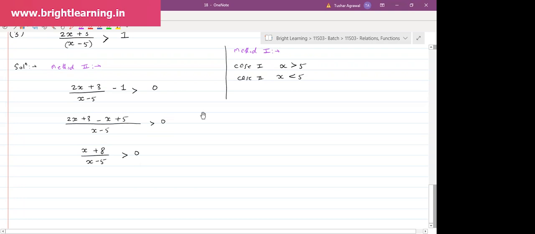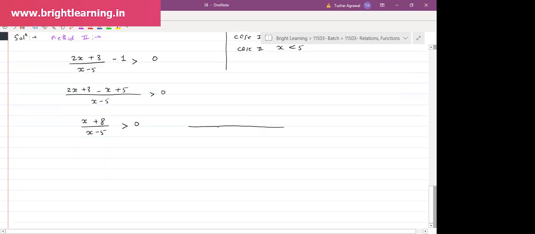How to do this? The wavy curve method. One root is 5, which should be a hollow point, since it is in the denominator. One root is negative 8. Equality is allowed, but here we want strictly greater than 0, so that equality also will have to be ruled out.